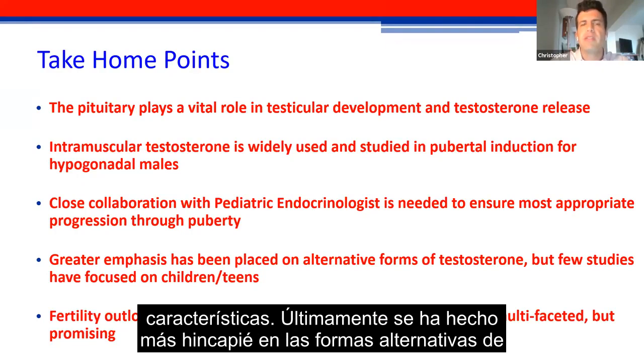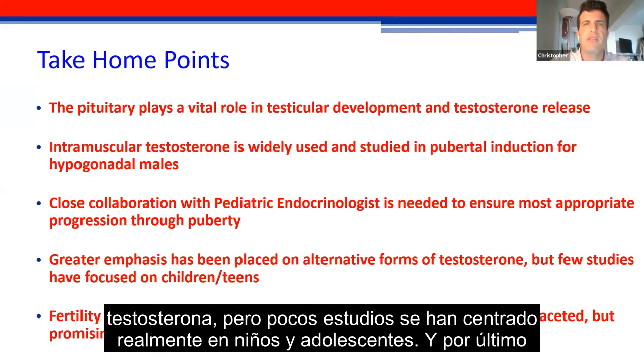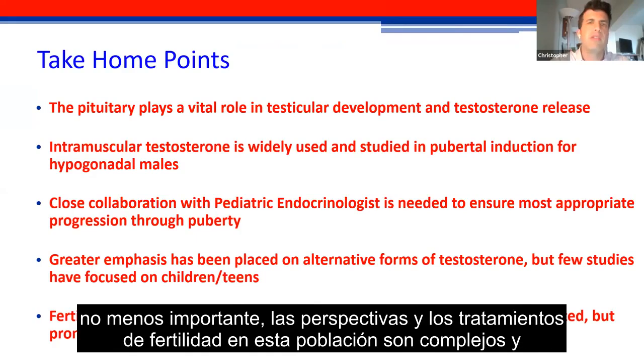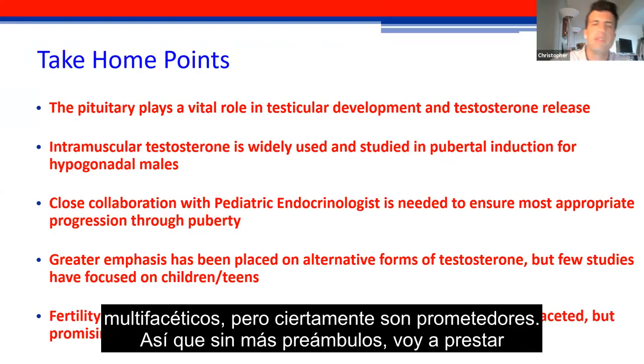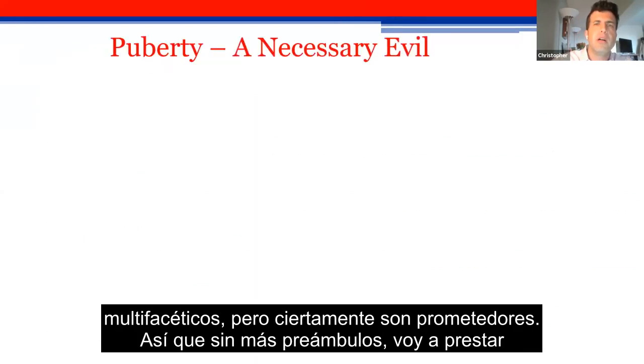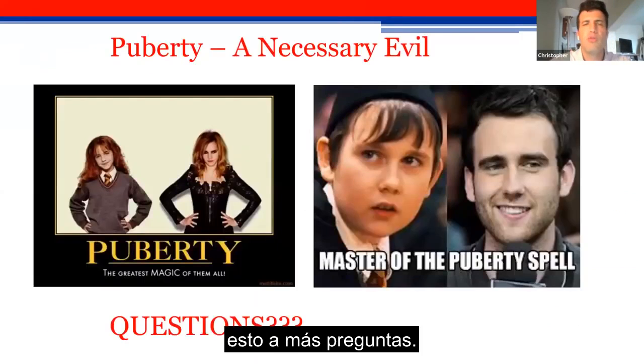Greater emphasis lately has been placed on alternative forms of testosterone, but few studies have really focused on children and teens. And last but not least, fertility outlooks and treatments in this population are complex and multifaceted, but they certainly are promising. So without further ado, I'll open this up to more questions.